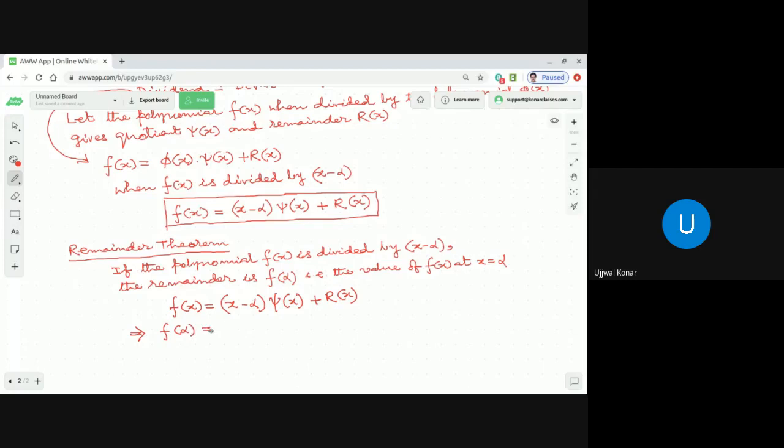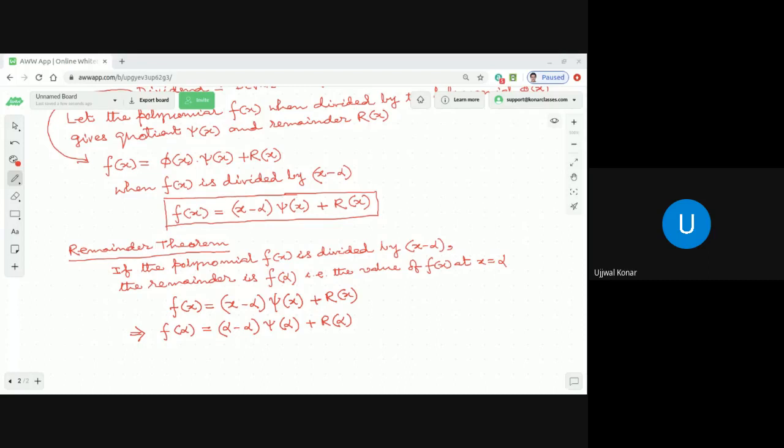So f(alpha) will be what? Alpha minus alpha into psi(alpha) plus R(alpha). Correct or not? Clear or not clear? Yes, sir.